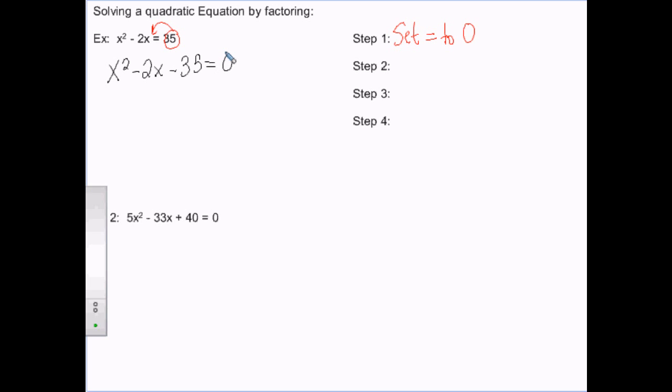It always has to be set equal to 0 first for us to solve them. Step 2, factor. We kind of already did this one, except we had a positive 2 last time. And if we had a 7 and a 5, but our 7 was positive and our 5 was negative. So factors of negative 35 that will give me a negative 2 are negative 7 and positive 5, right?